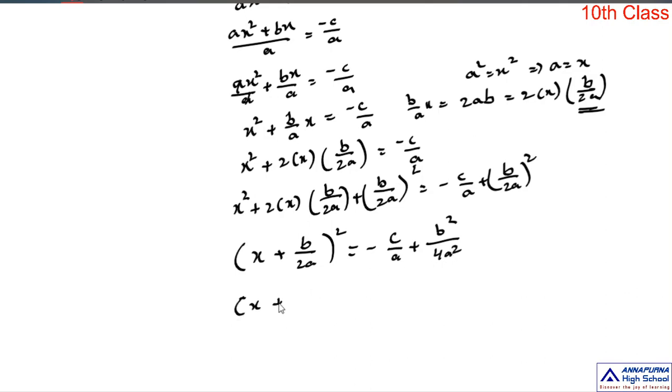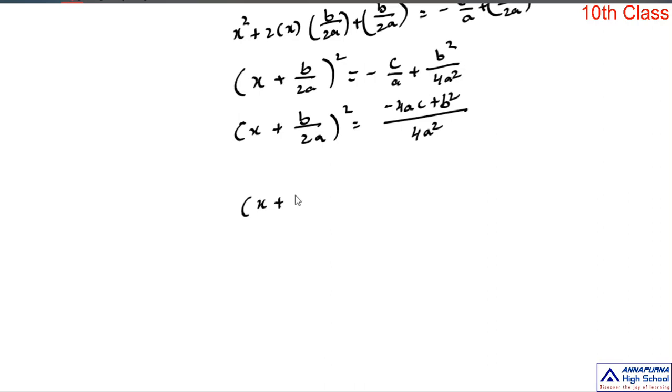Now continue the left side part as it is: (x plus b by 2a) whole square is equal to, find the LCM of the denominators. Here the denominator is a and here the denominator is 4a square, so its LCM is 4a square and the numerator is minus 4ac plus b square.